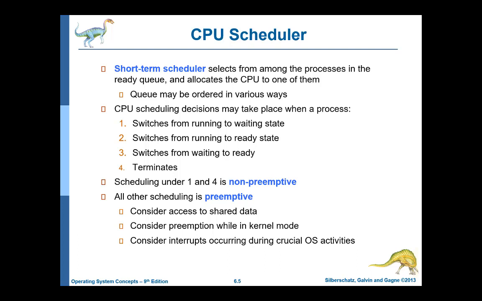We already know also about the short-term scheduler, whose job is to select one process from the ready queue and allocate the CPU to this process. The important criterion here is how we order the queue. What we know normally is only one type of ordering, which is first come, first serve.